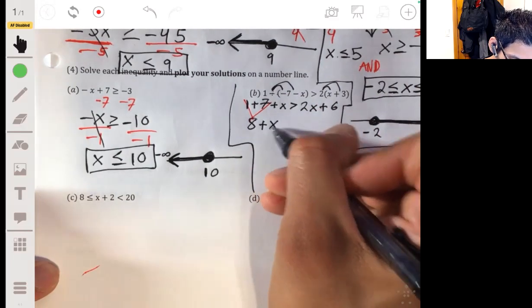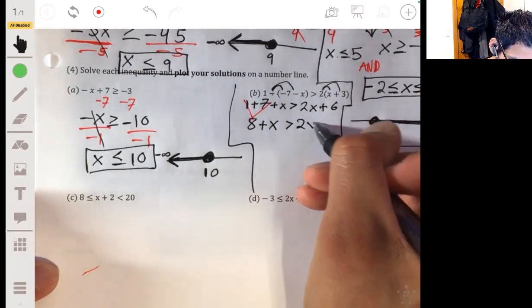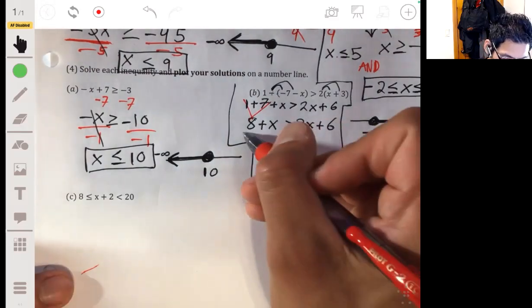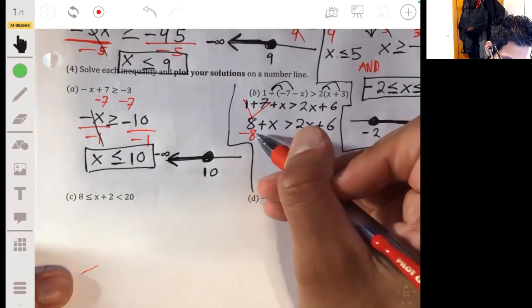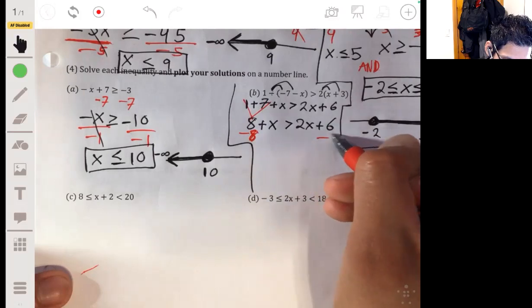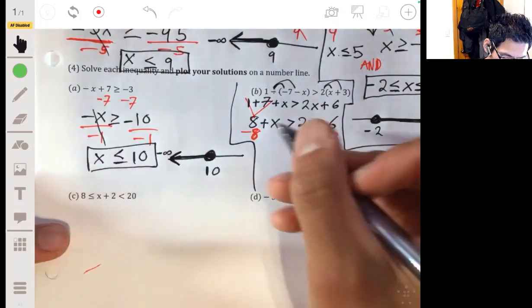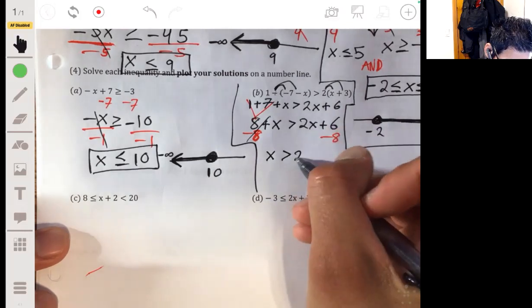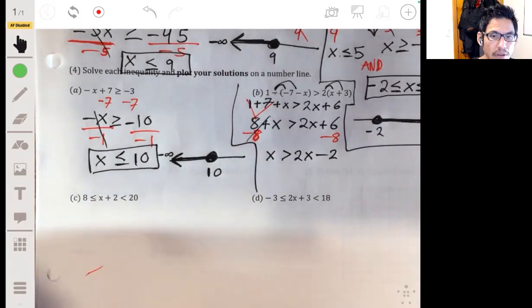So we get 8 plus x is greater than 2x plus 6. Subtract 8 from both sides. And we get x is greater than 2x minus 2.